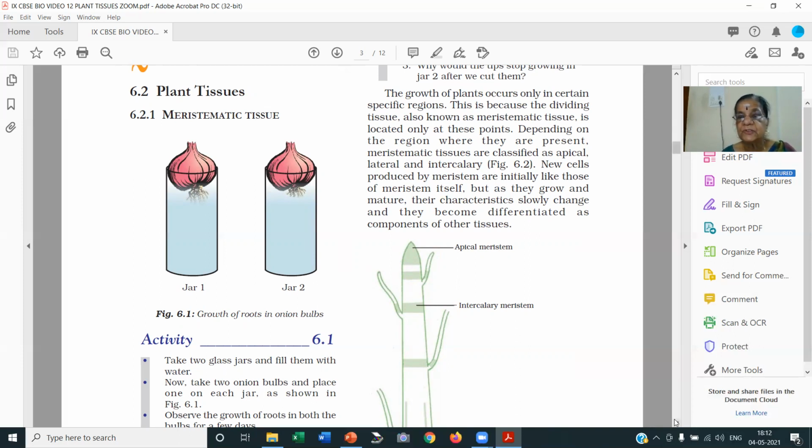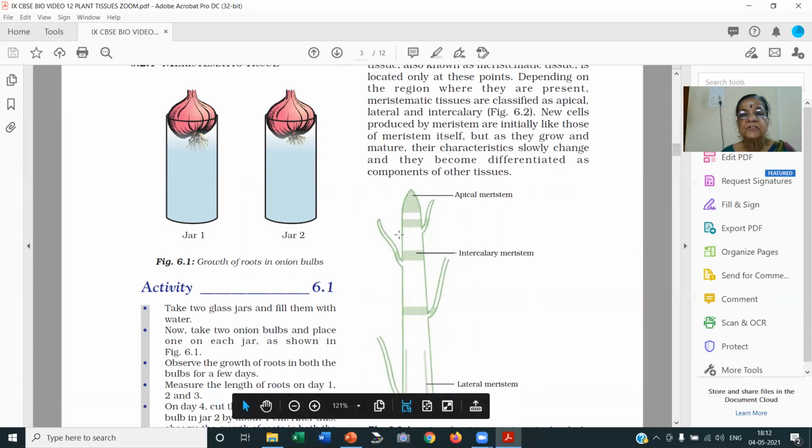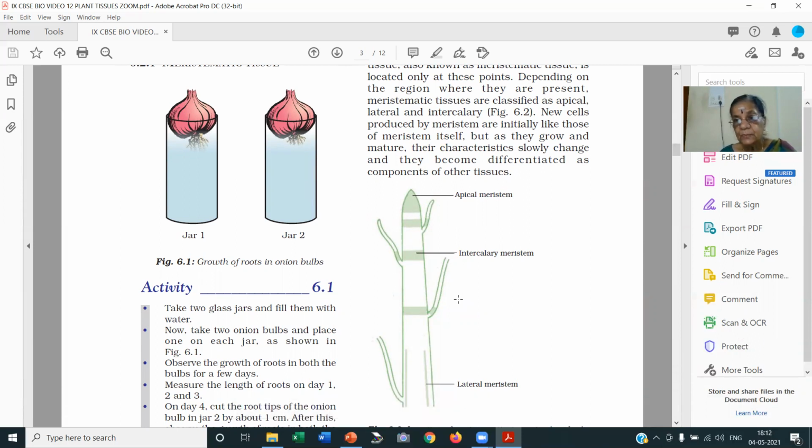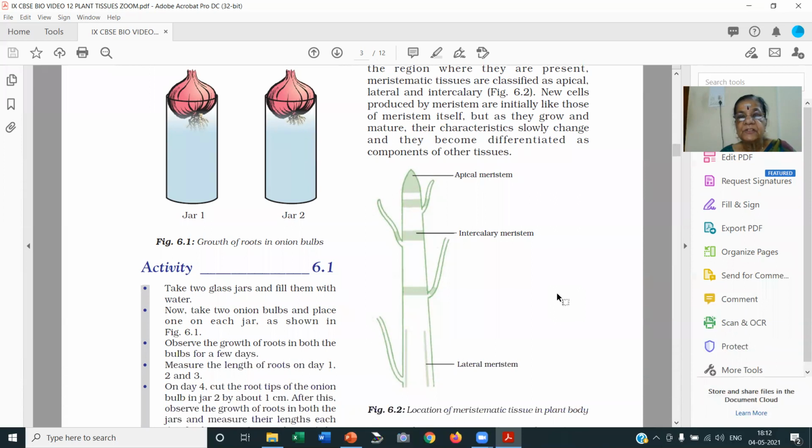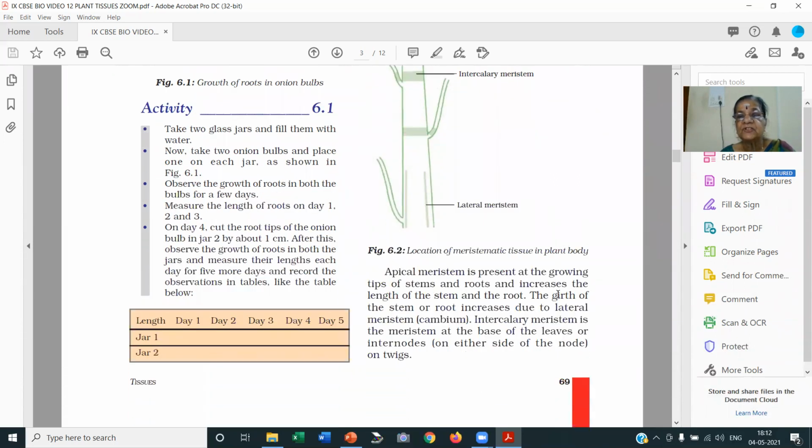What you are seeing in the figure is meristematic tissue based on their position. It is a longitudinal section of a shoot, showing apical meristem, intercalary meristem, and lateral meristem. Okay? Now mark this. Apical meristem is present at the growing tip of stem and root and increases the length of the stem and root.